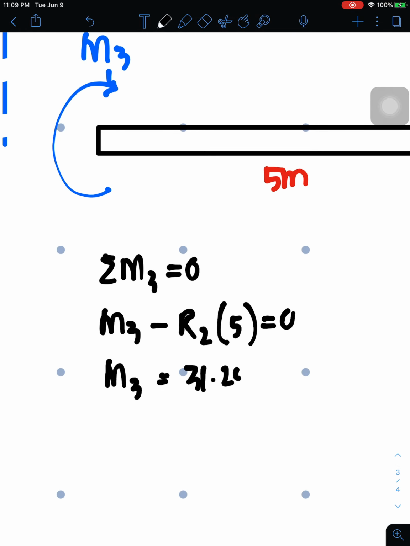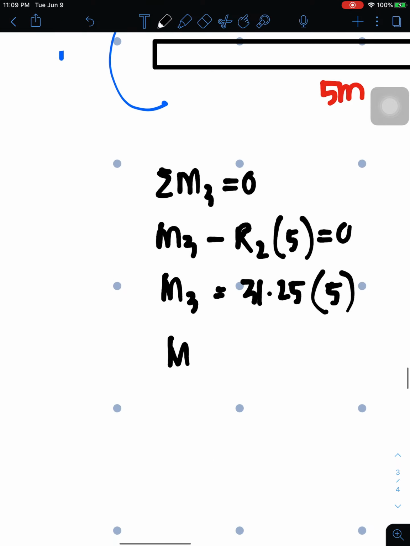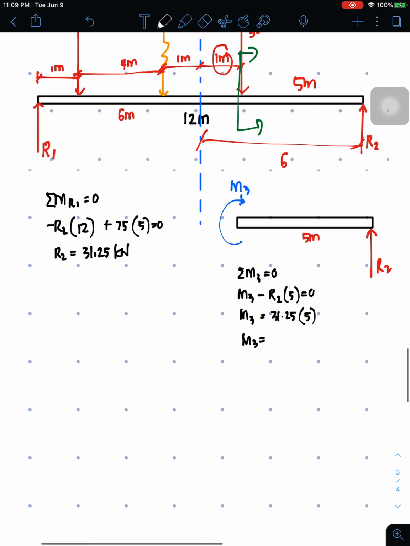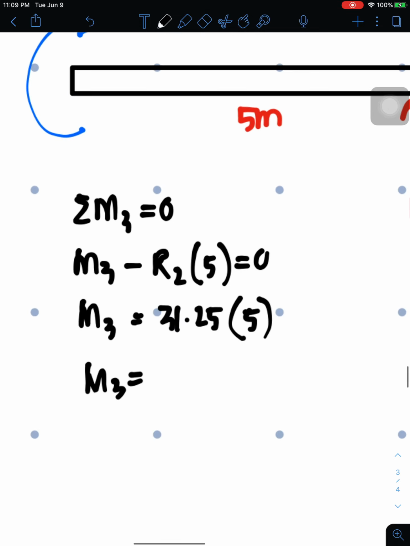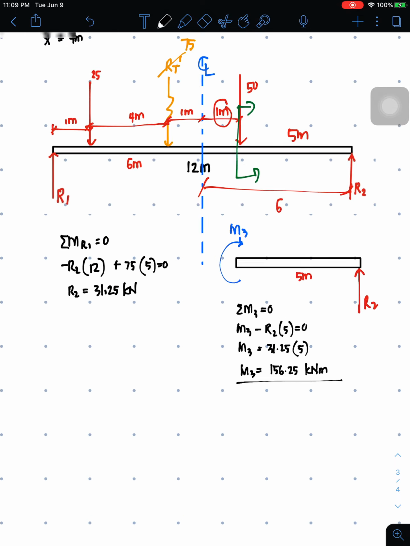It's 31.25 positive times 5. Then M3 is 31.25 times 5. The answer is 156.25 kilonewton meters. This is our M3.